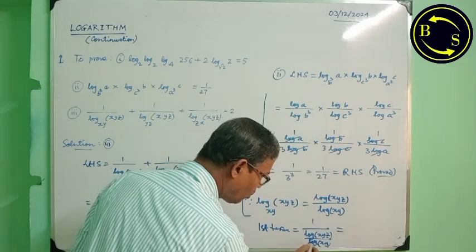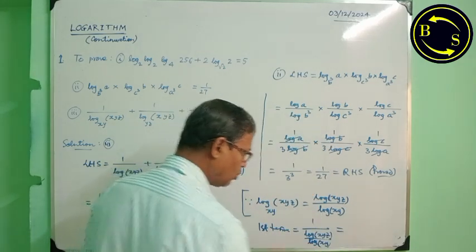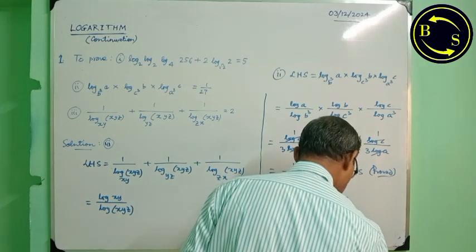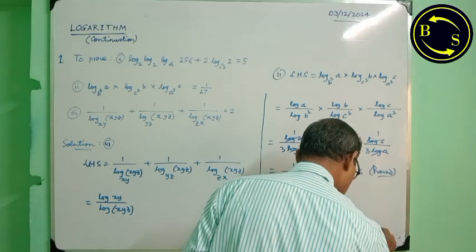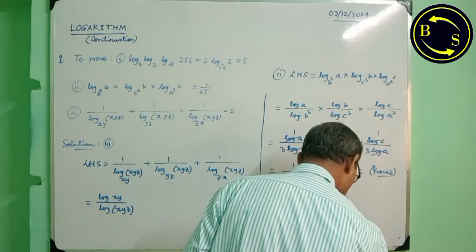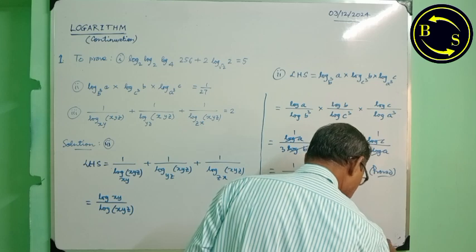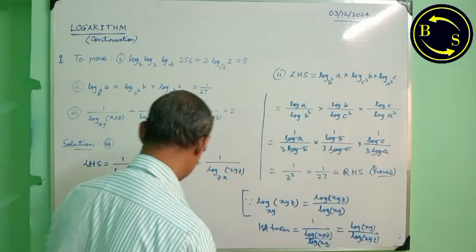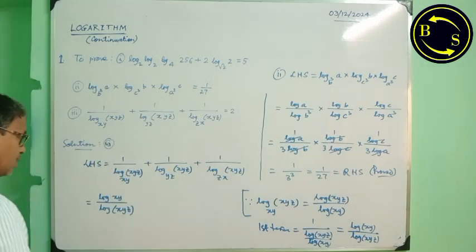Now log of xy is the denominator of the denominator, therefore this will be log of xy by log xyz. I have used this one.